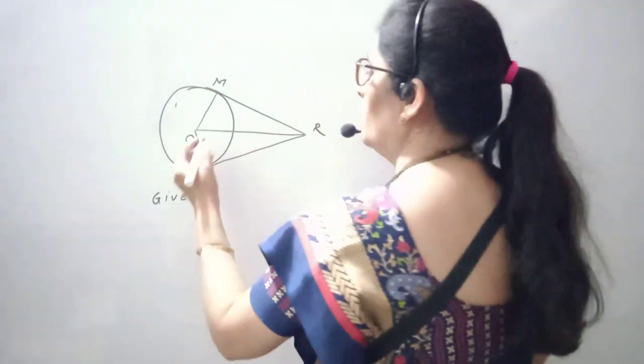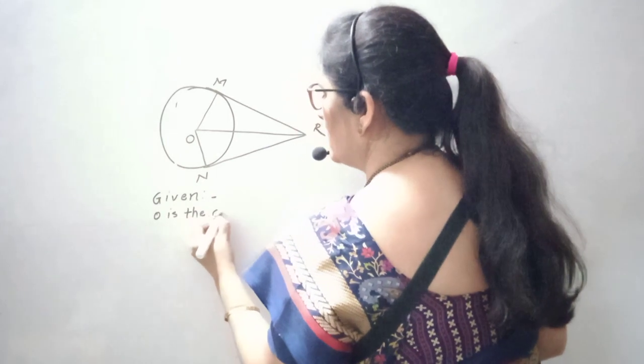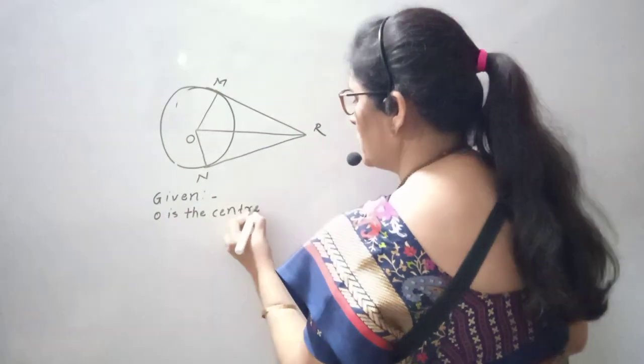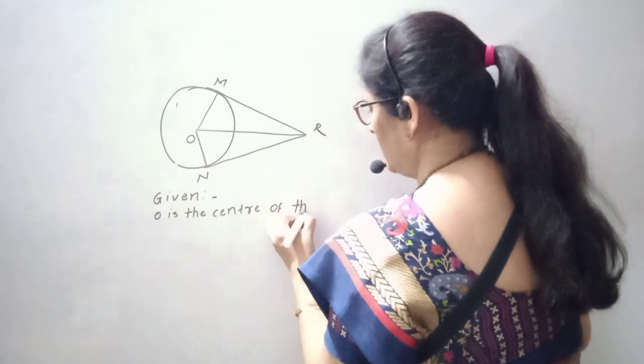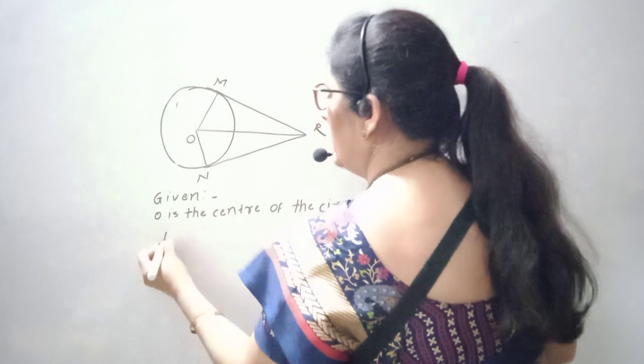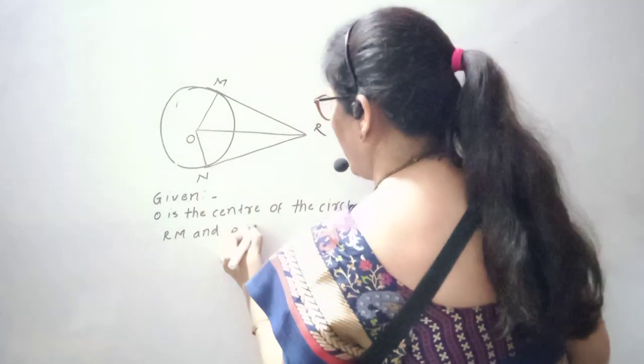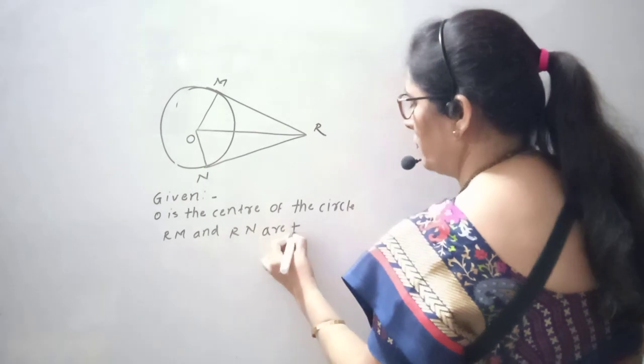Given. What is given? O is the center of the circle. And RM and RN are tangent segments.